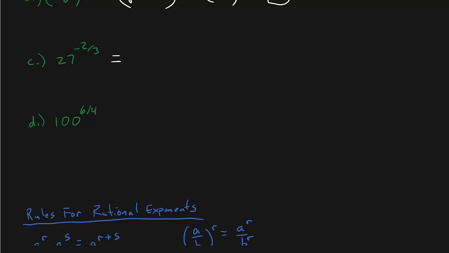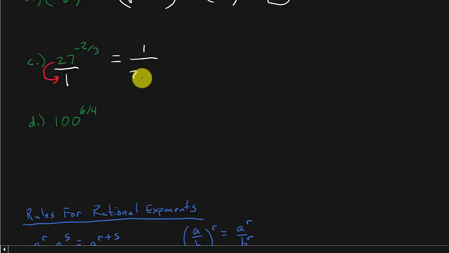So if we look at this as being over 1, then remember to change the sign of the exponent, we just move it across the denominator. So this is going to give us 1 over 27 to the 2/3. And now I simplify it.